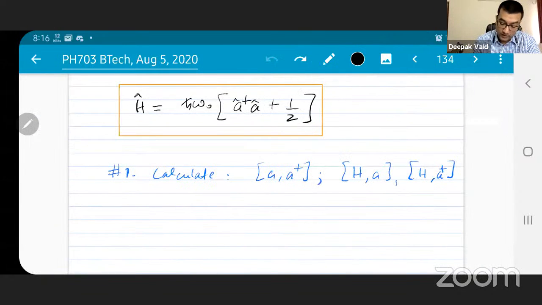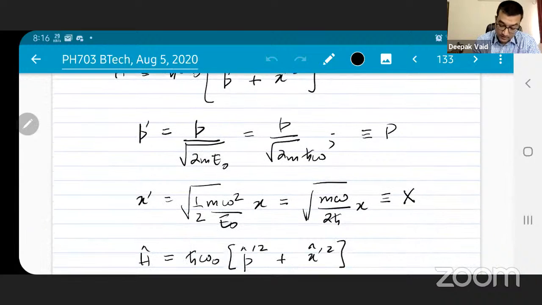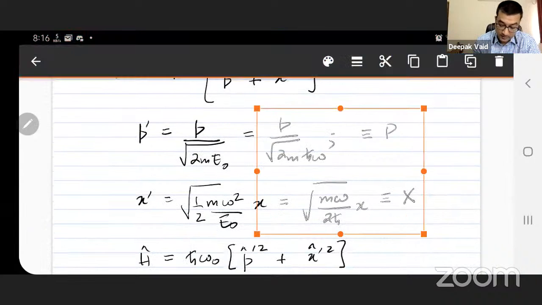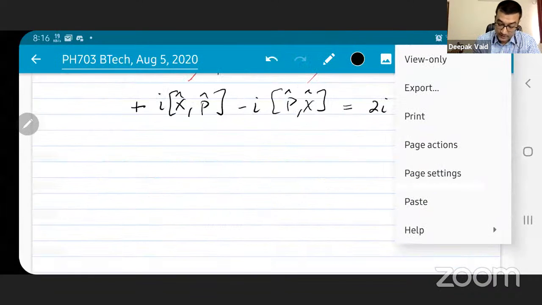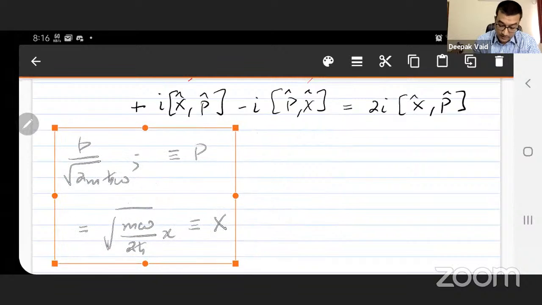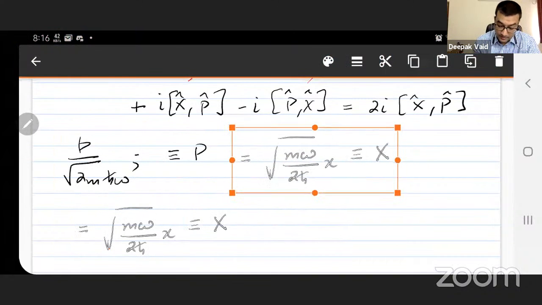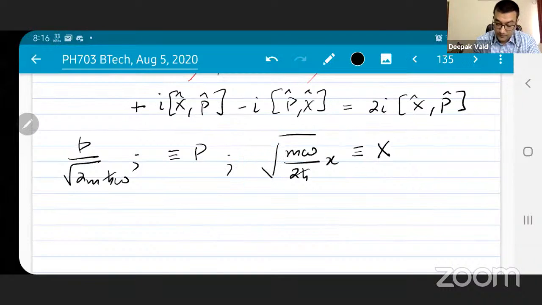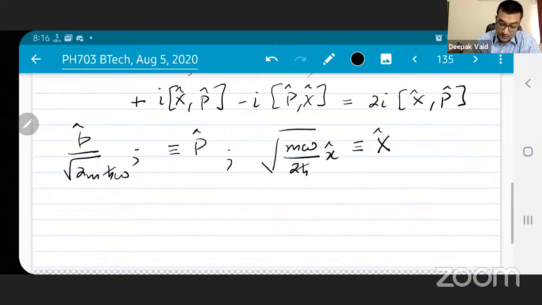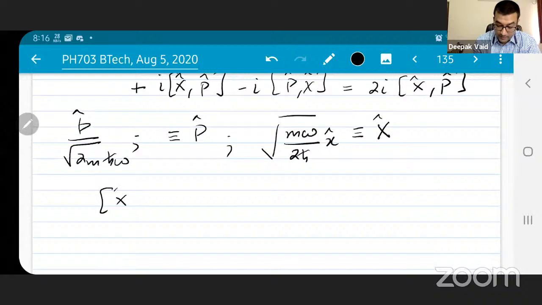And then what is this commutator? Let us remind ourselves what these two expressions are, what is x and p. So this is p and this is x, right? So what is the commutator of x and p? First you get this factor and this factor.